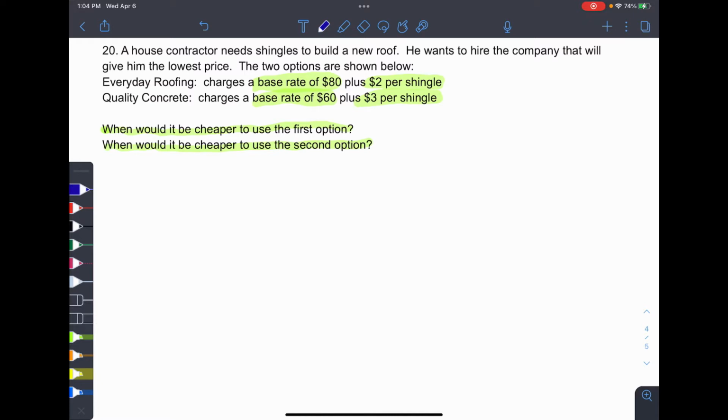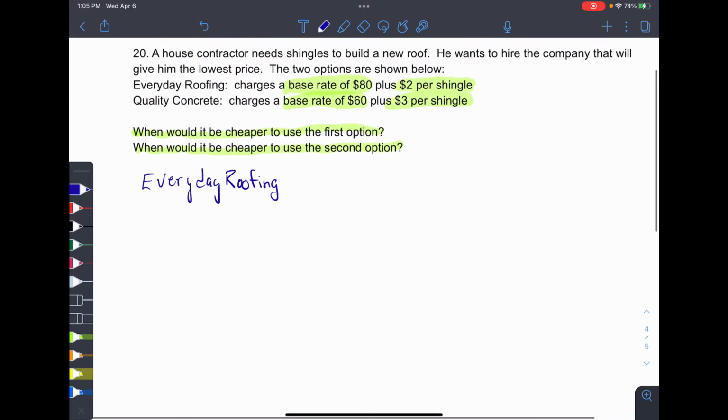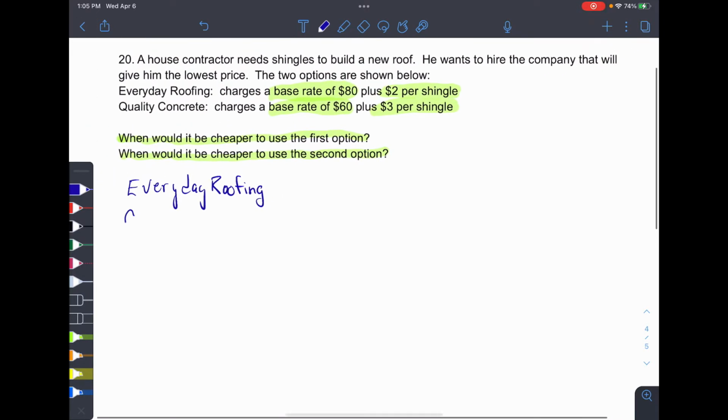Okay, we're going to approach this problem using linear equations. Let's consider Everyday Roofing first. We're going to let C be the cost of hiring the roofer, and we're going to let N be the number of shingles.